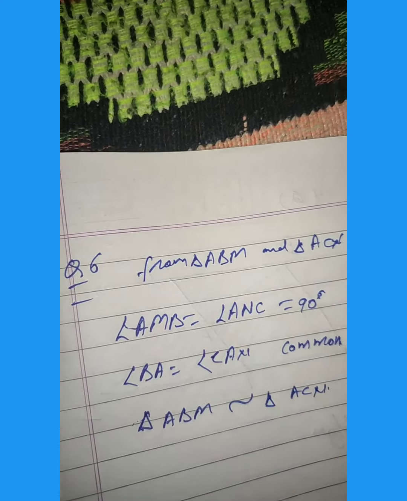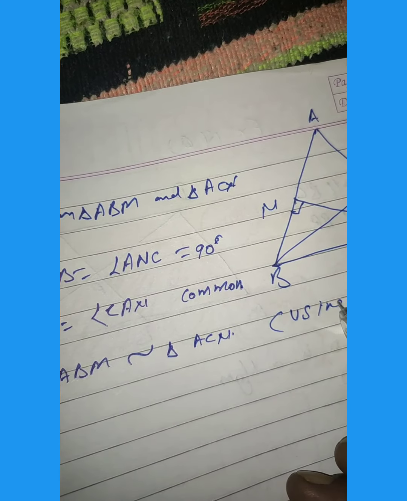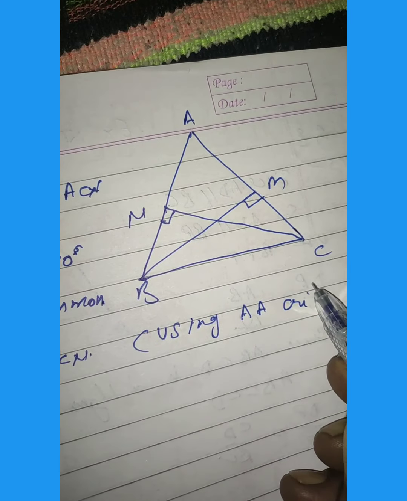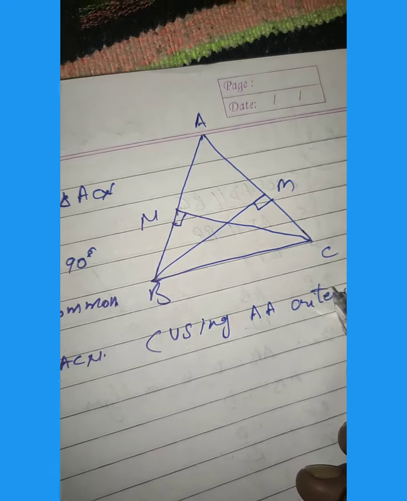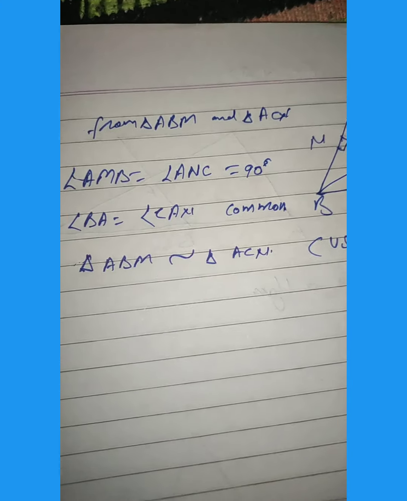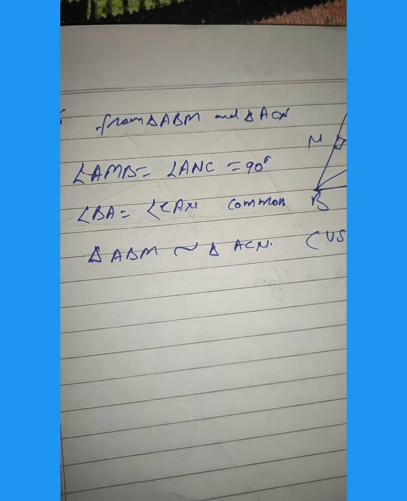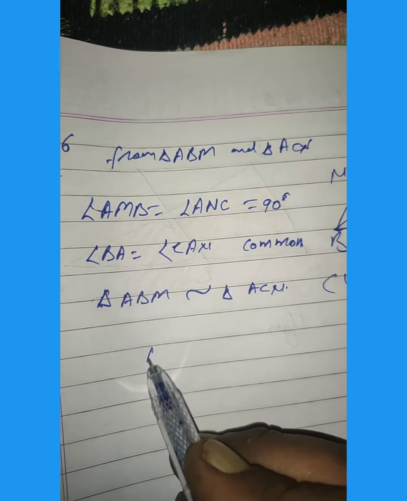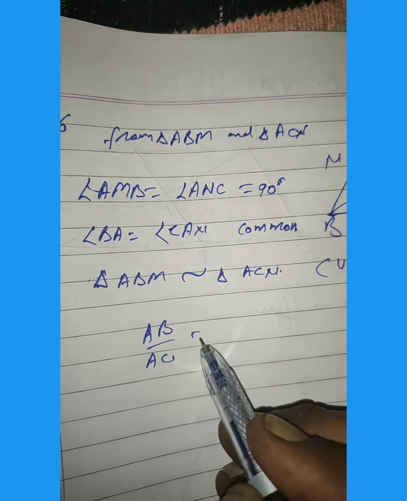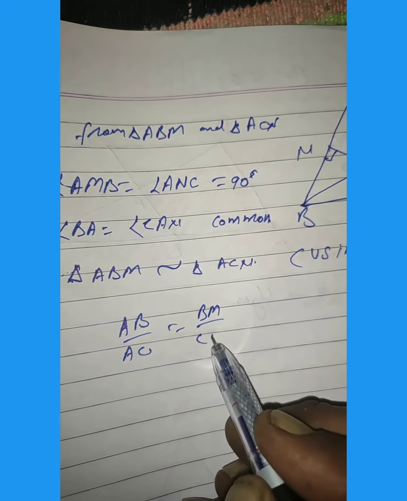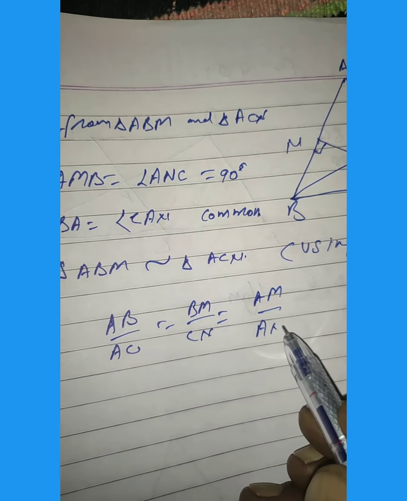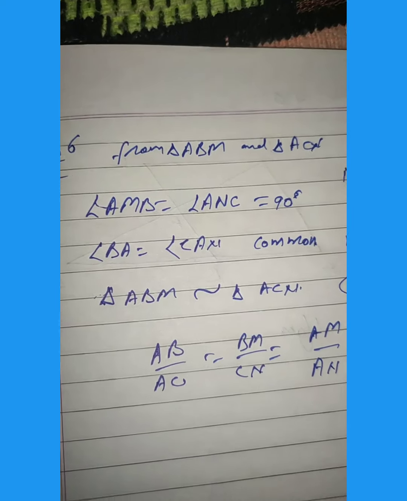Using the angle criteria, when two triangles are similar, the corresponding sides of the triangles are in equal ratio. Meaning AB over AC is equal to BM over CN is equal to AM over AN, which we had to prove.